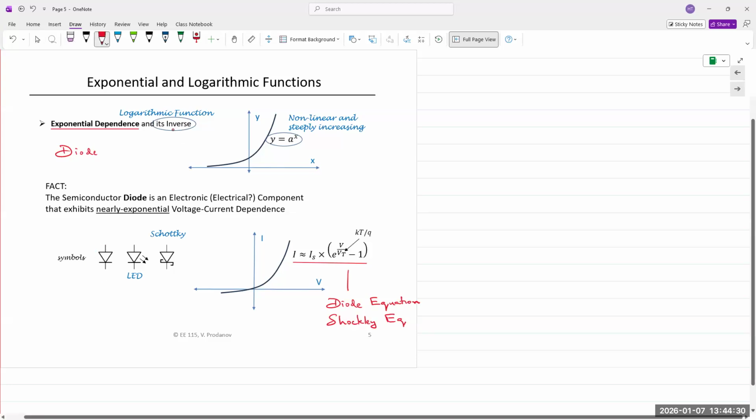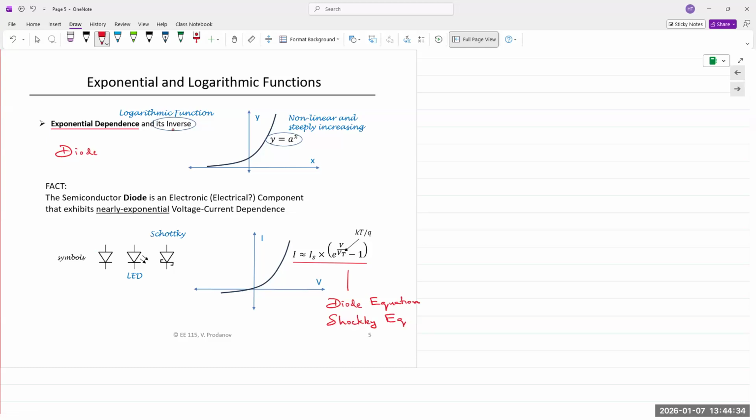The name diode comes from the fact that this was the semiconductor version of a vacuum tube diode. Diode stands for 2 electrodes. The first vacuum tube had 2 electrodes, 1 anode, 1 cathode, and so the first sealed vacuum tube glass chamber was named diode because it has 2 electrodes.